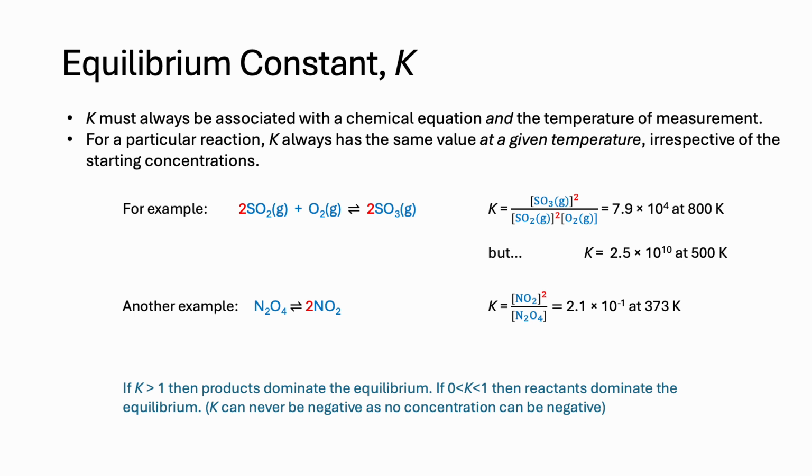Conversely, if K is less than 1, the denominator, or the bottom part of the expression, is greater than the numerator, or top part, and this is associated with a predominance of the reactants. Note that while K may be very small, it can never be negative, or less than 0, as concentrations always have a positive value, however small they are.